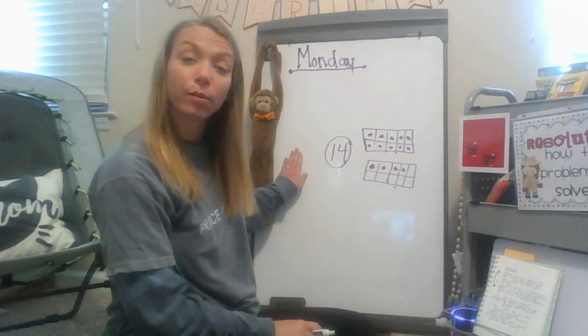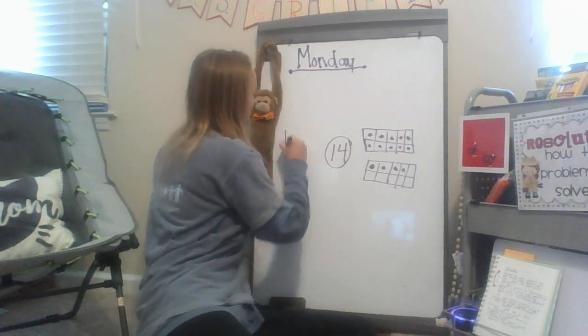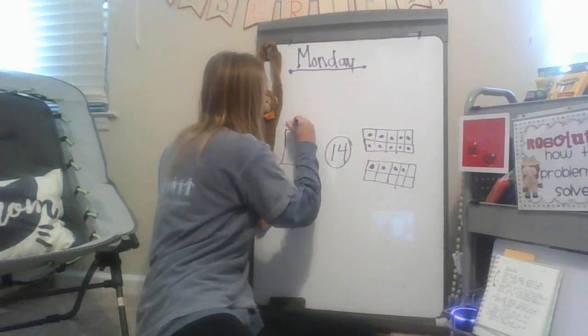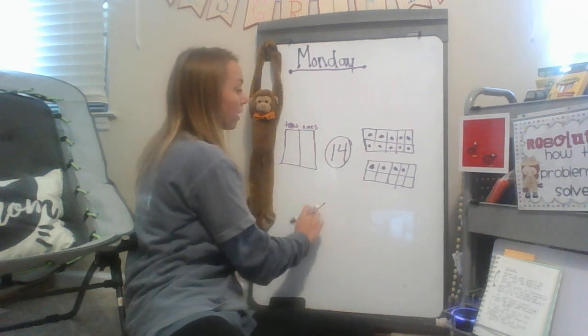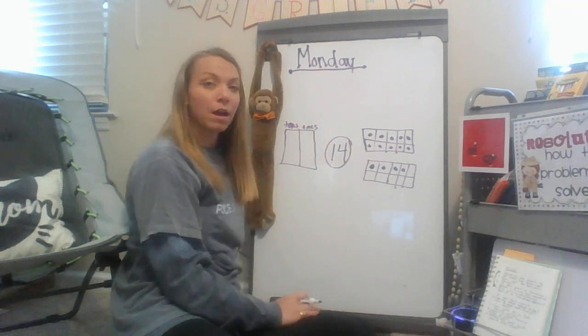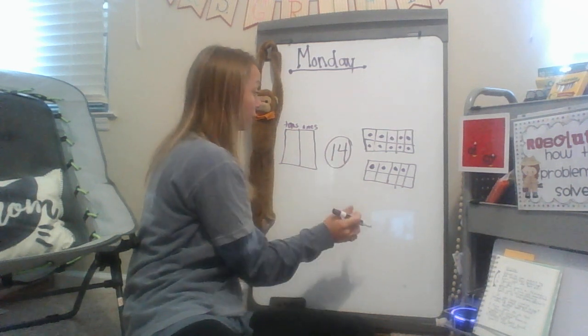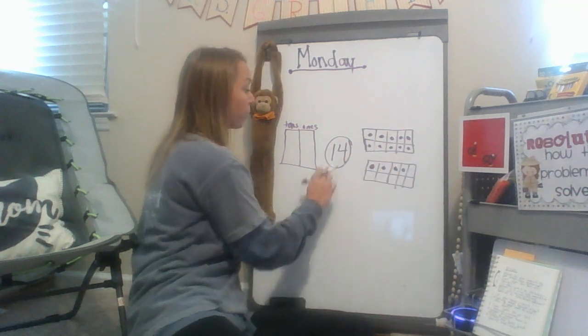Now, let's separate our 14 into 10s and 1s. Draw your 10s and 1s chart. Now, you should always remember that your 10s and 1s chart is just separating these 2 numbers to show how many 10s and how many 1s. Well, I can prove over here I have 1 full group of 10.